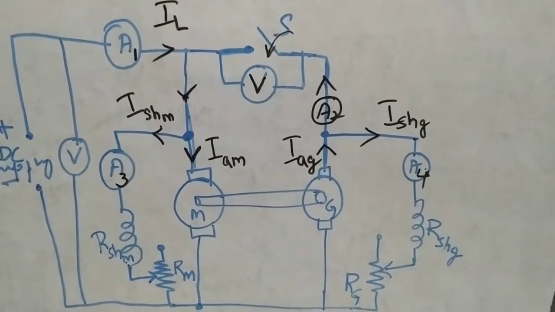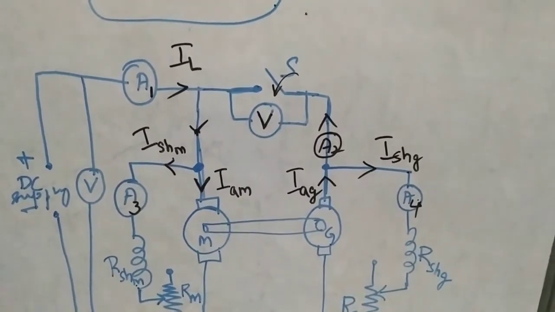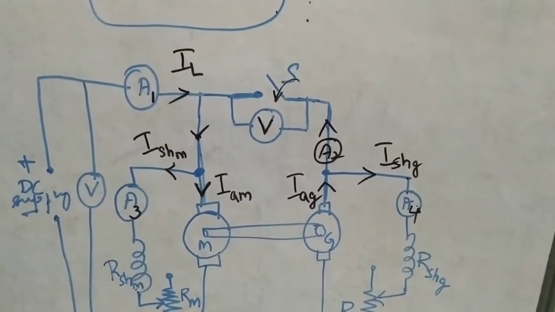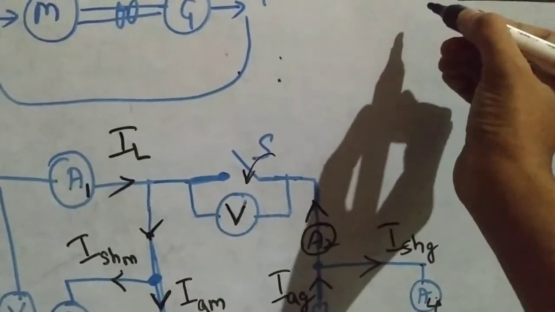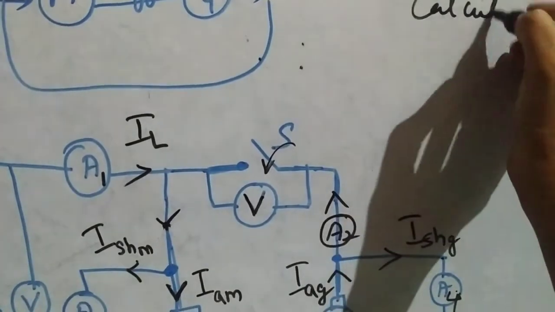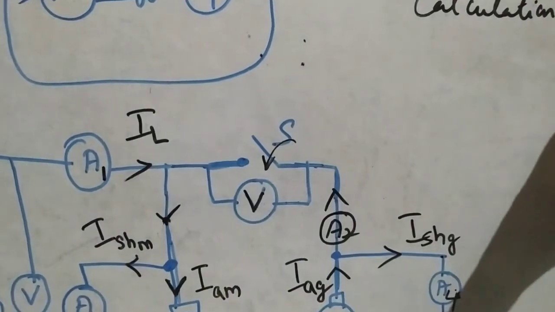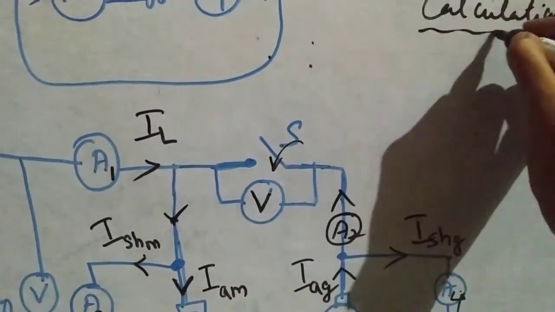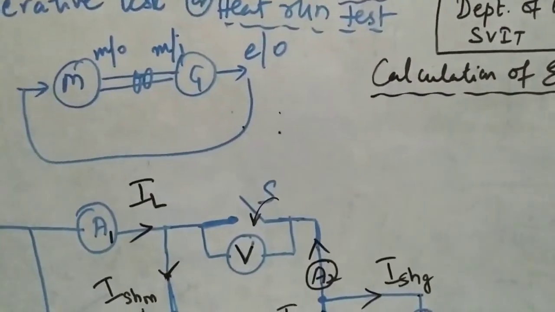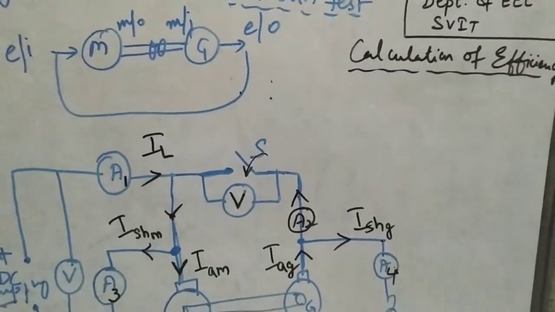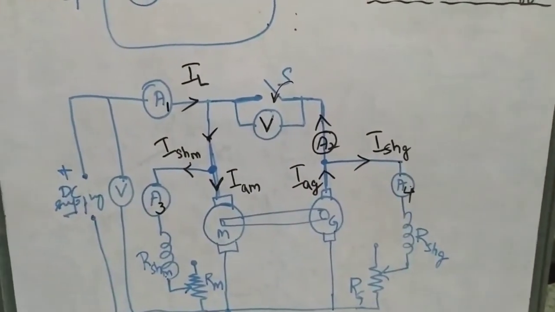Now let us calculate the efficiency of the machine by the Hopkinson's test. Let me consider the power input. The power input from the supply, what is that?